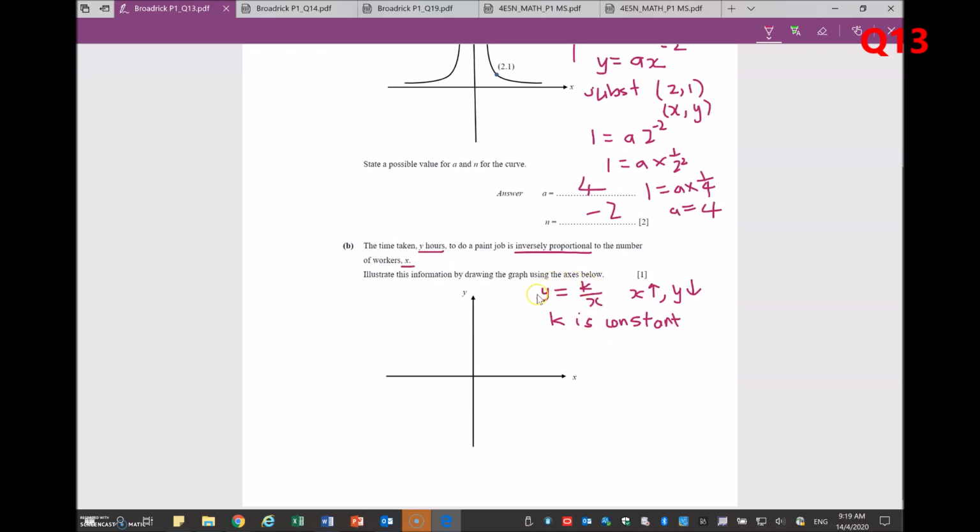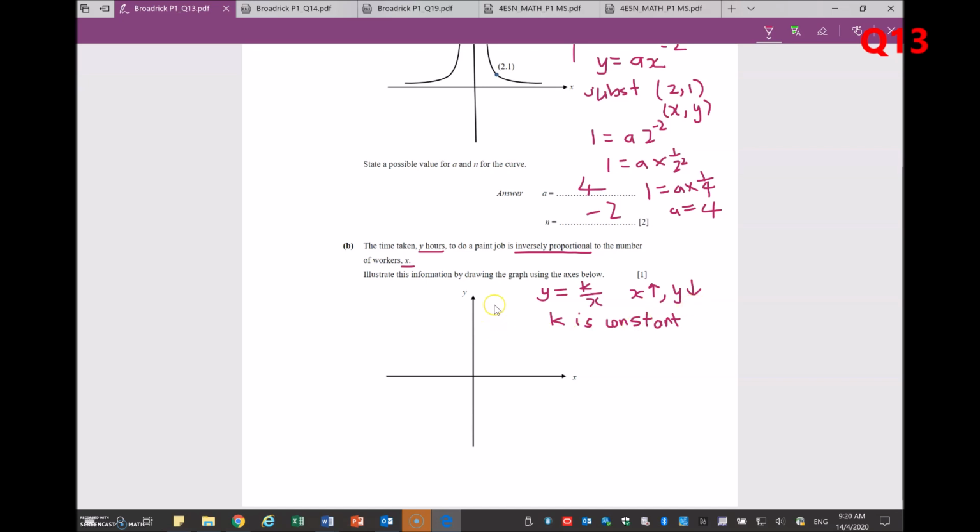To represent this relationship as an equation, we write y equals k over x, whereby k is the constant. This equation gives you the relationship whereby as x increases, your y value decreases. So the more workers you have, the time taken actually decreases.